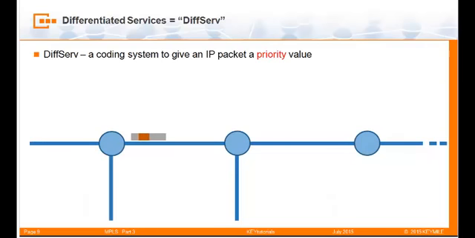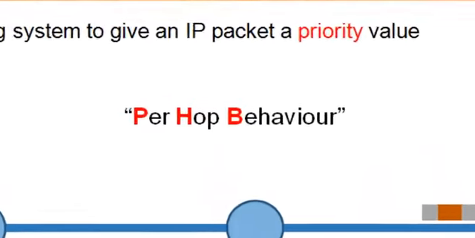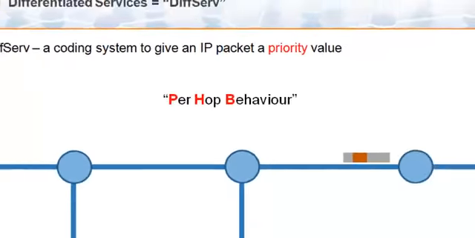At the next hop, the process is repeated. Our packet is once again found to have the highest priority and again is transmitted first. The priority decisions are made node by node or hop by hop, and for this reason this type of prioritization is called per hop behavior, or PHB.